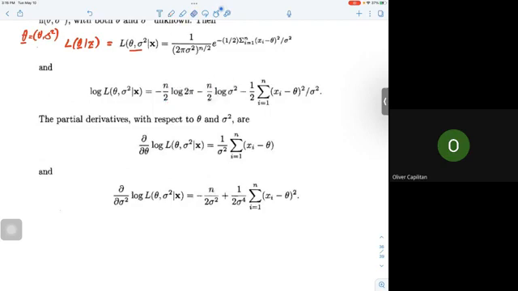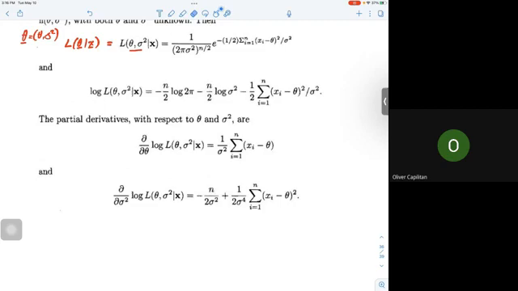Okay, so now the third term, with respect to theta. The derivative of the sum will be equal to the sum of the derivatives.